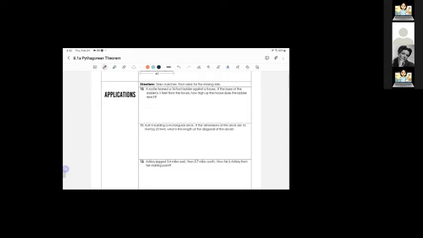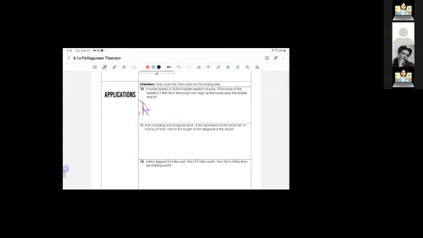So a roofer leaned a 16-foot ladder against a house. If the base of the ladder is 5 feet from the house, how high up the house does the ladder reach? So like, here's the edge of my house, and there's a ladder that this person leaned up against it. And I know that the ladder is 16 feet.